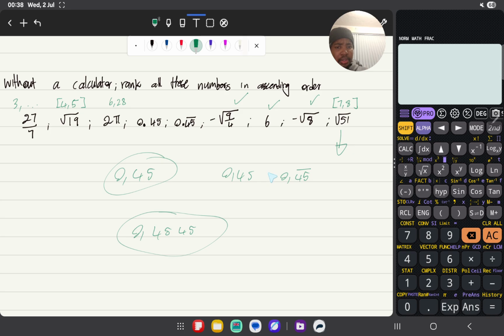No. This number has to be smaller than this one, because here you have 0 0, and 0 0 is smaller than 4 5. Cool. So it makes sense: this one is the smallest, followed by this one.